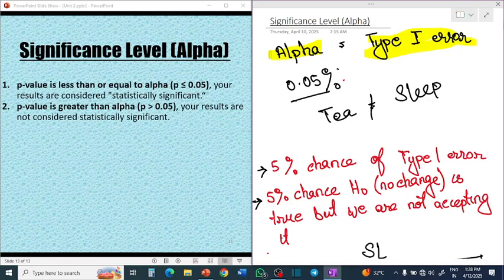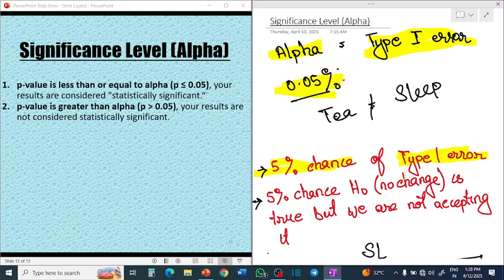For example, we have taken that our alpha value will be 0.05. When we say our alpha value is 0.05, what do we mean by that? That there is a 5% chance that the experiment or the research we are doing will have a type 1 error.